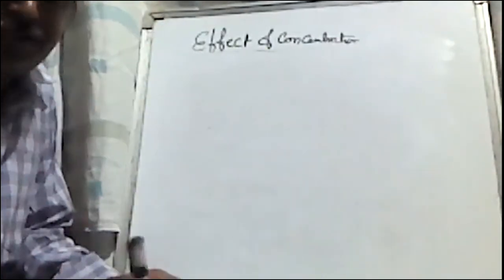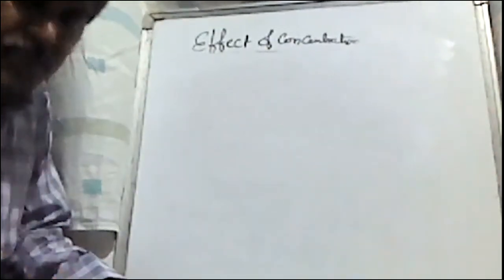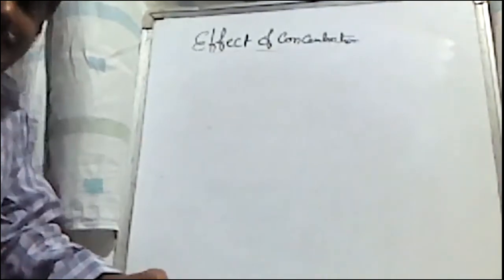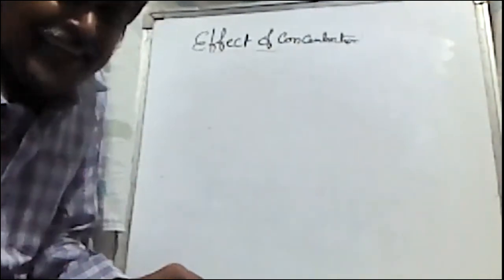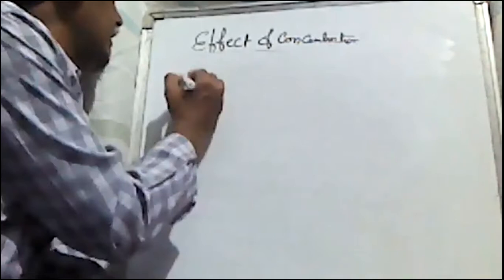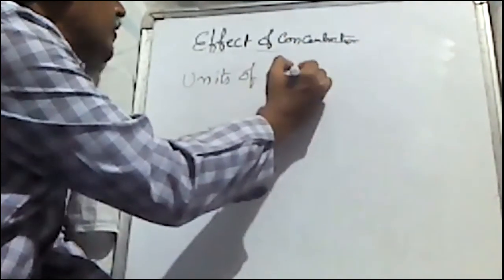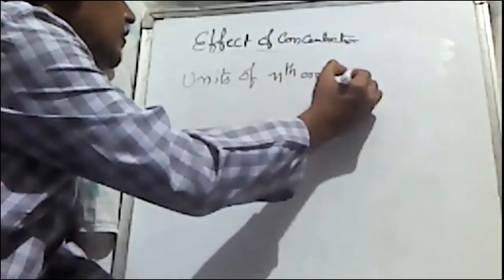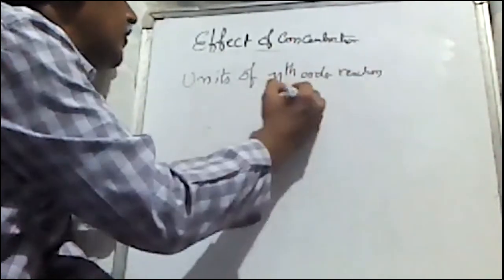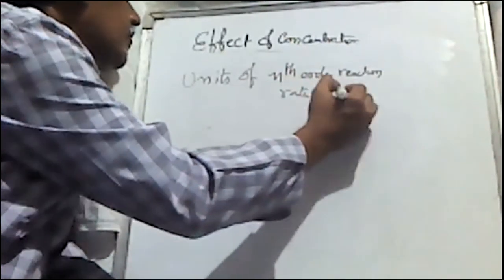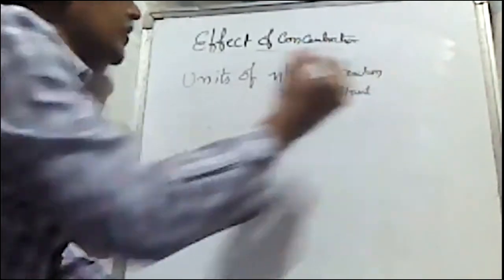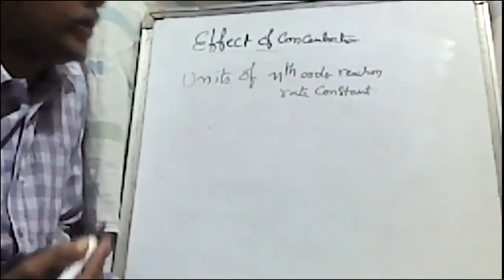Now we need to know the units for the rate constant of a reaction, specifically the units of the nth order reaction rate constant.